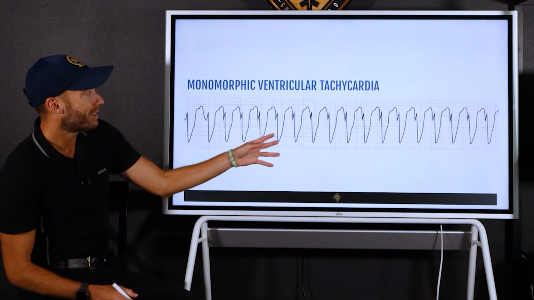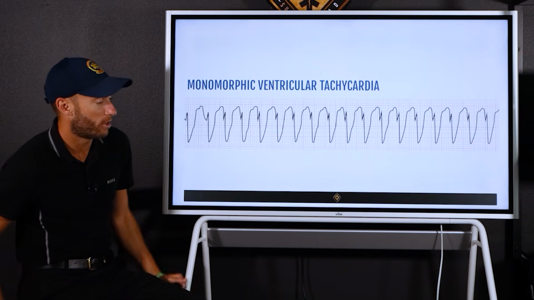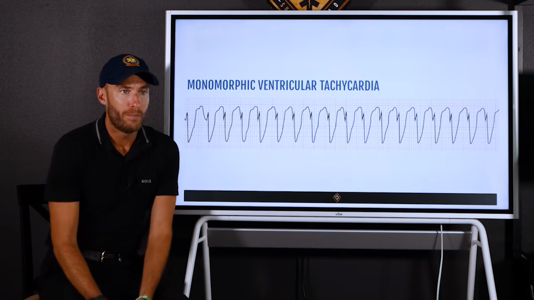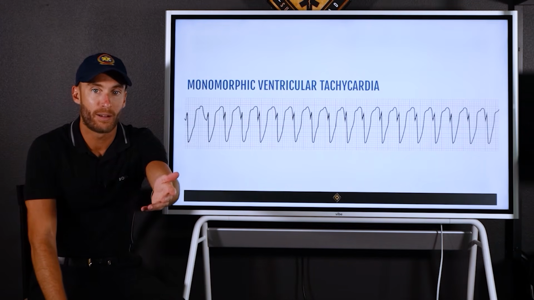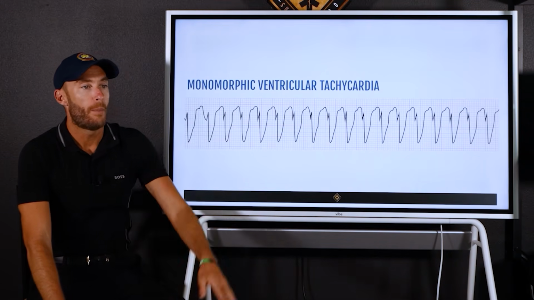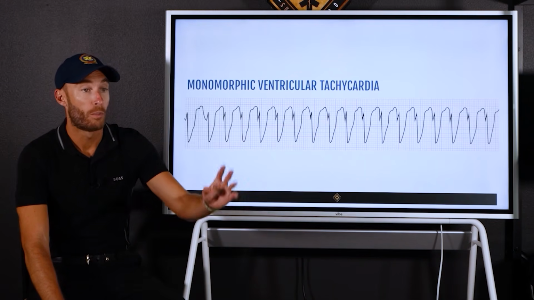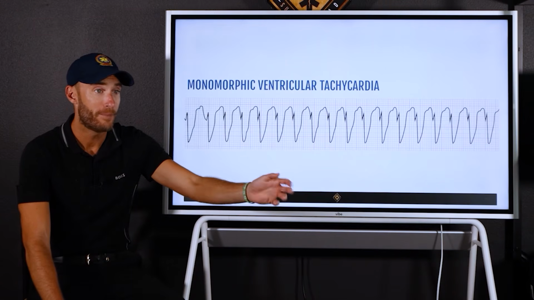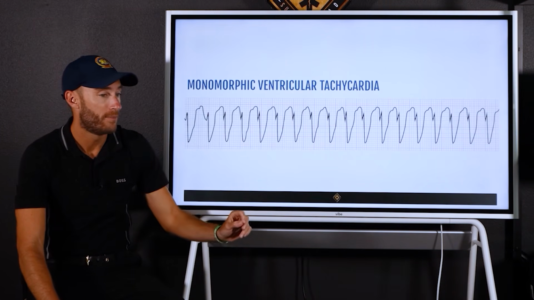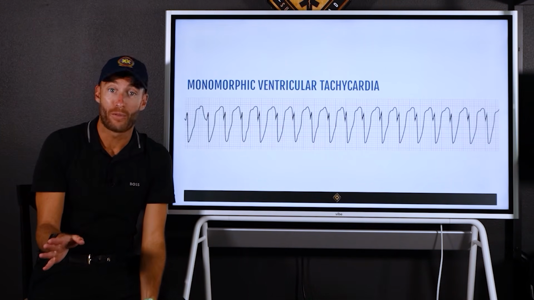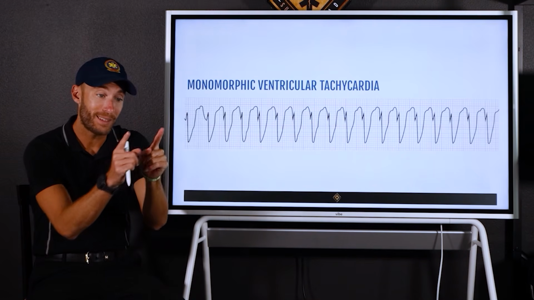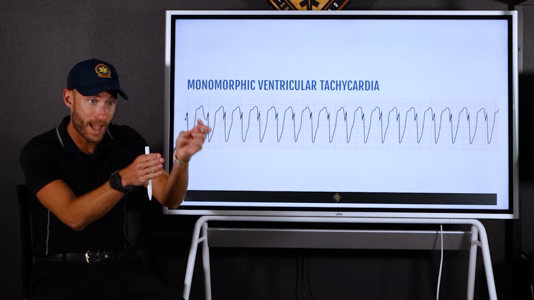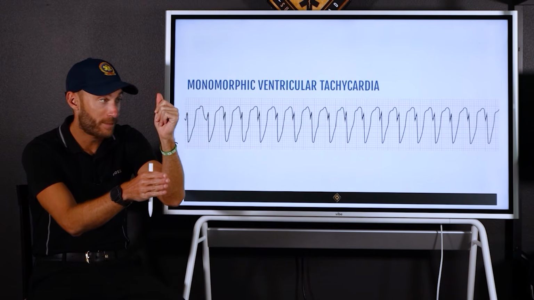Now, it is not impossible, obviously it's rare, but again, NREMT can throw anything at you: a patient has a pulse, their blood pressure is okay, their mental status is okay, and they're in VT. I've seen this happen before in the field. That moment is literally a moment in time, and then they're in cardiac arrest, okay?